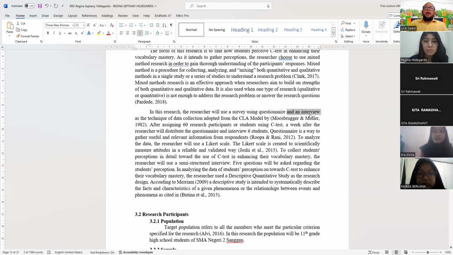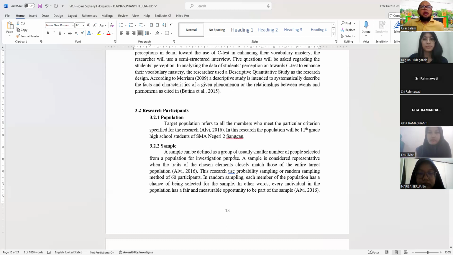I think you need to be clear about that. I'm not saying that you cannot use interview. Of course, you are allowed to use interview, but you also have to be clear, yeah, what the interview technique is, what the interview is for, what the information from the interview is for, something like that.